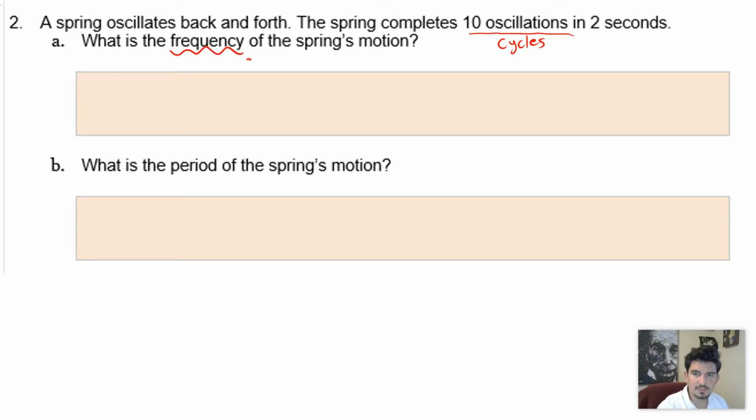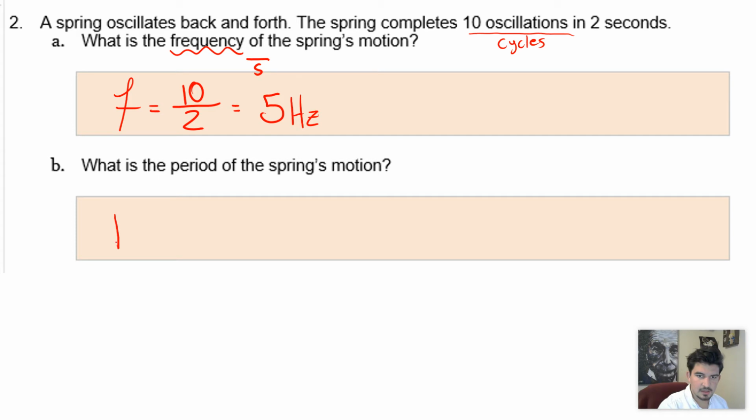And in frequency, seconds are in the denominator. So that means if I want to calculate frequency, which is just the lowercase f, then I'm going to put 10 cycles on the top divided by 2 seconds on the bottom to get a frequency of 5 hertz.